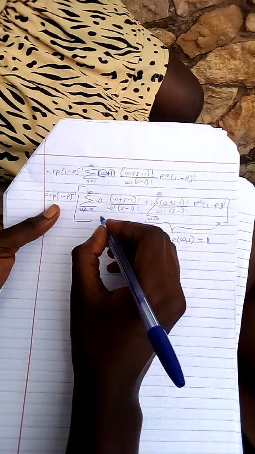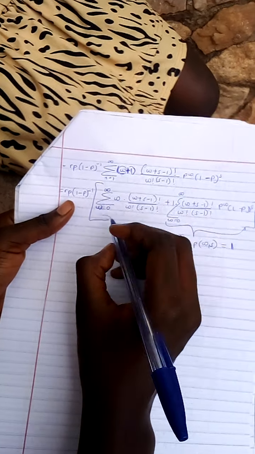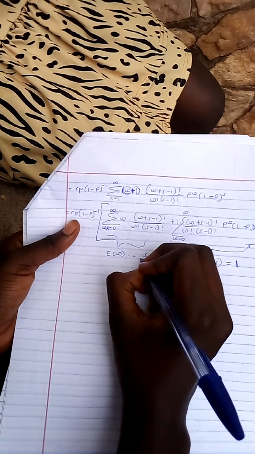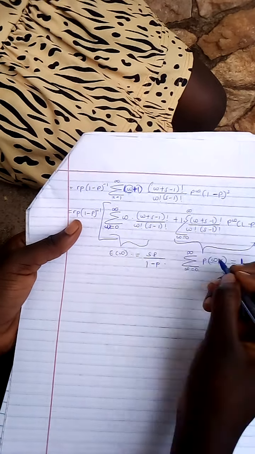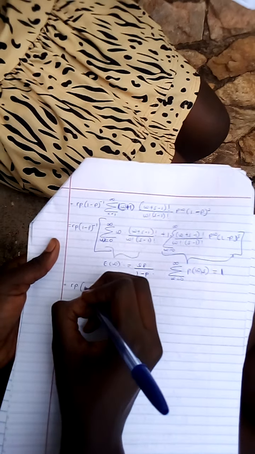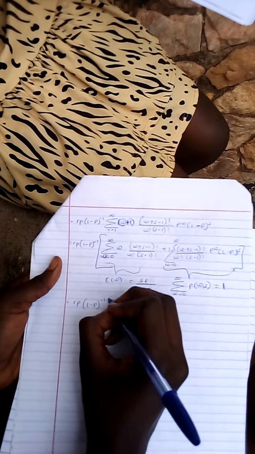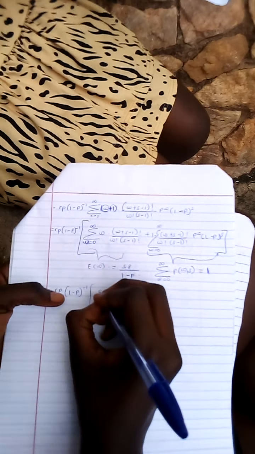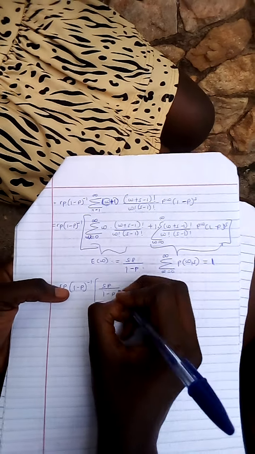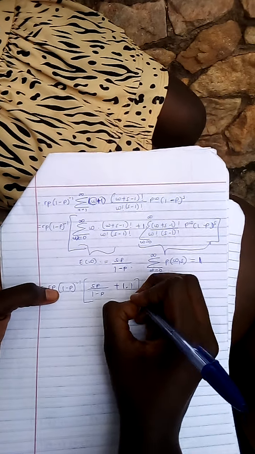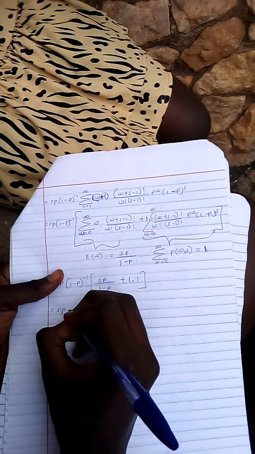And this is the expectation of w, which can be written as sp over 1 minus p. So to save time, we shall just substitute. We have rp over 1 minus p to the negative 1, times sp over 1 minus p plus 1.